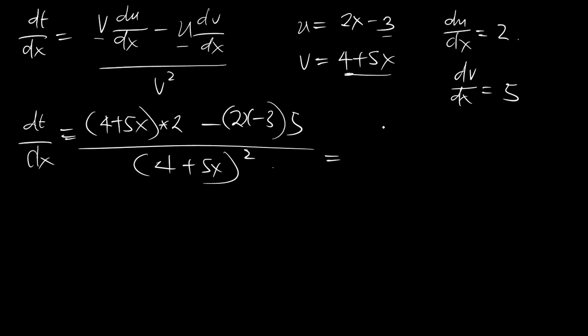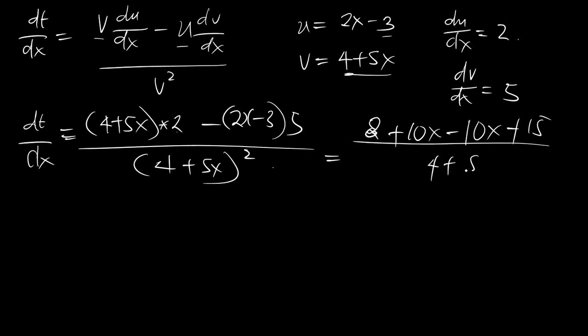So now we write this as 2. Now we open the bracket: 2 times 4 is 8. 2 times 5x is plus 10x. Minus 5 times 2x will give you minus 10x. Then minus 5 times minus 3 will give you plus 15, divided by 4 plus 5x all squared.